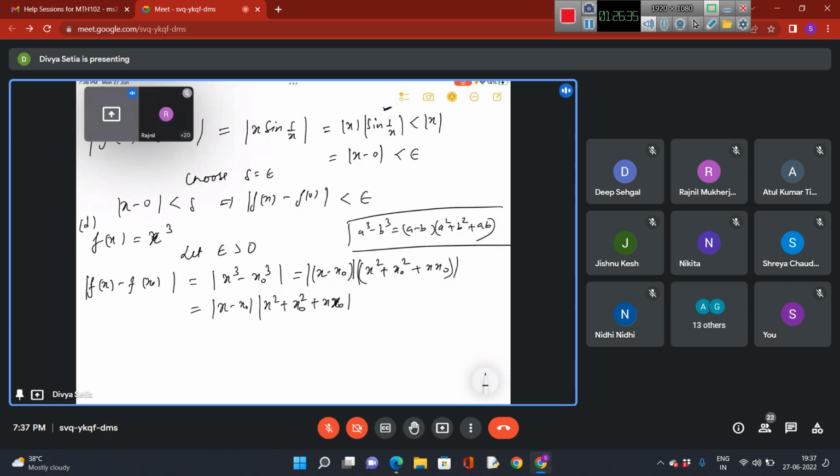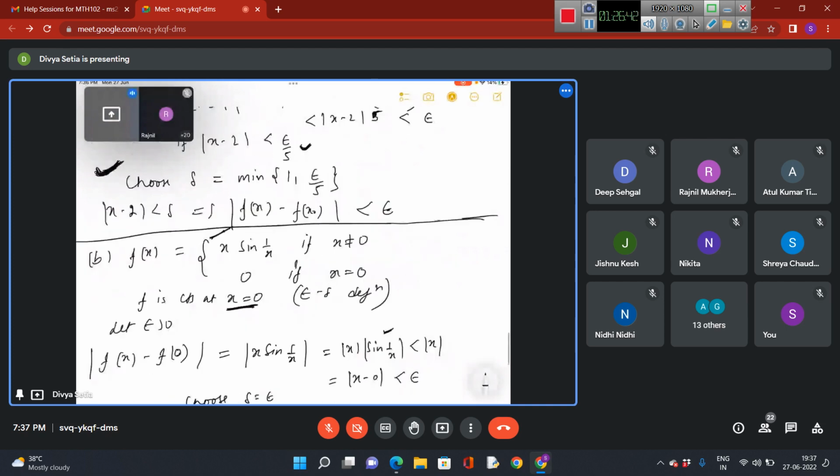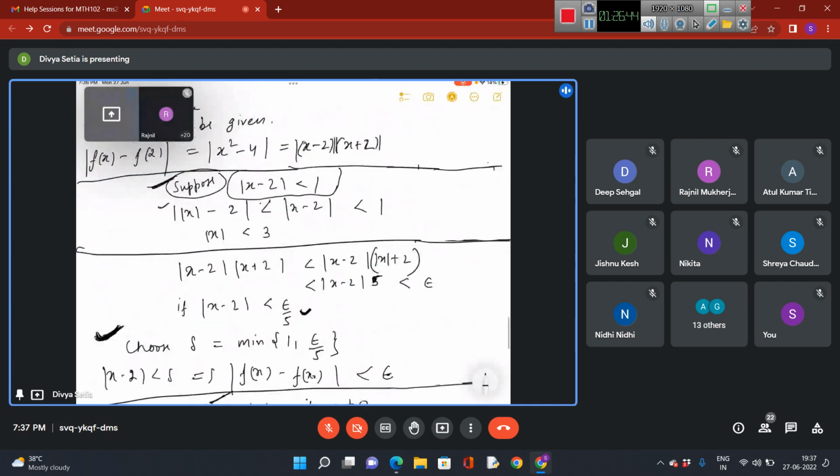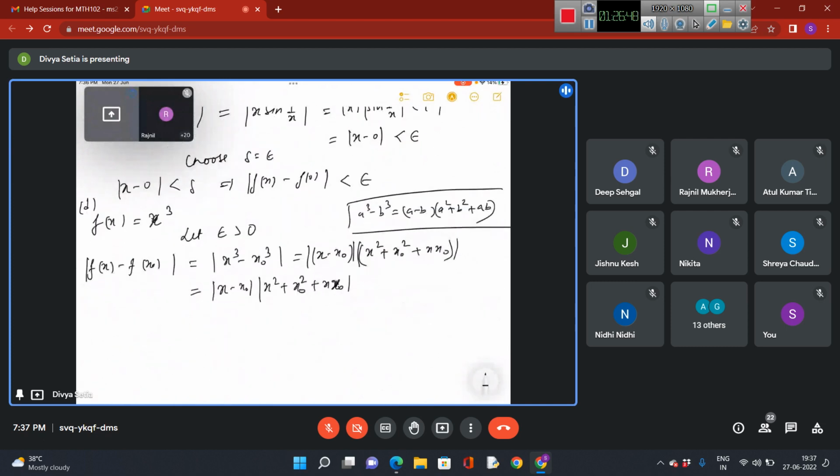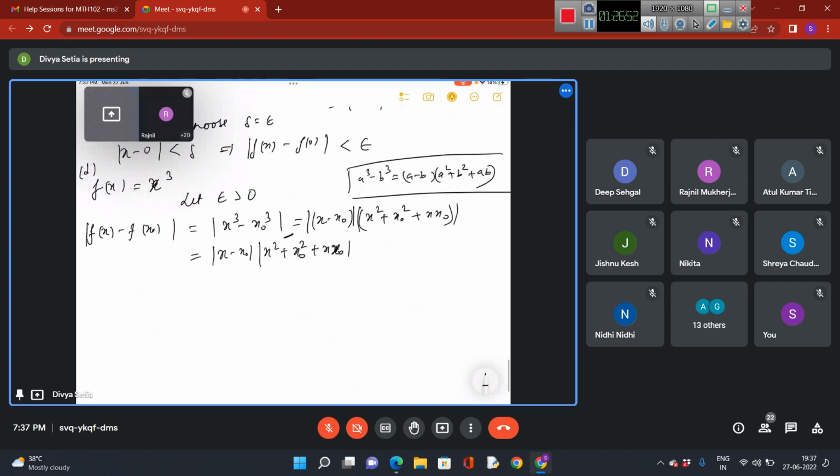Same technique will be applied, right? There you just had x square. Now you have x plus something, right? x plus x naught. Now you have x square plus x naught square. So the degree just has been changed. It's again a polynomial, right? Same technique will be applied.